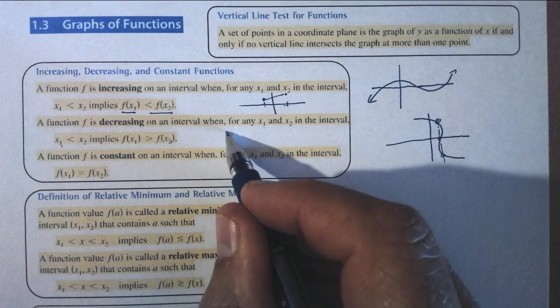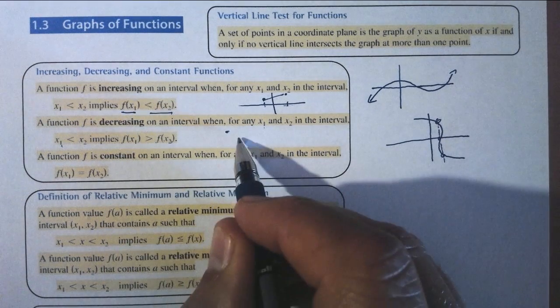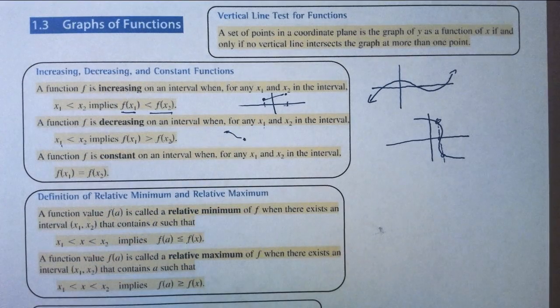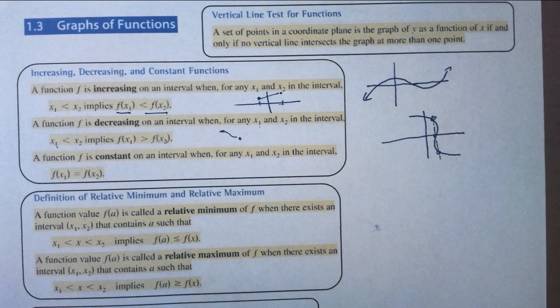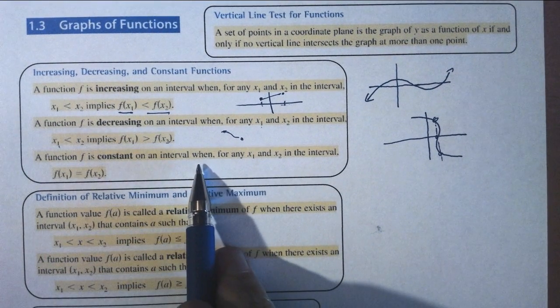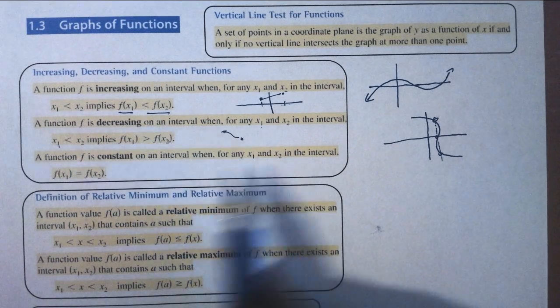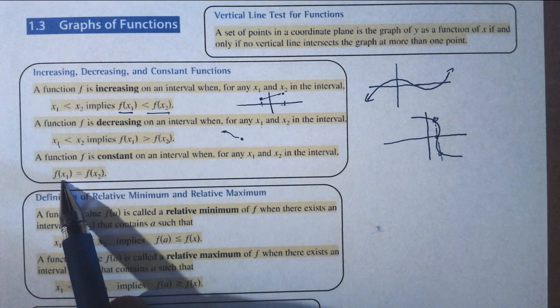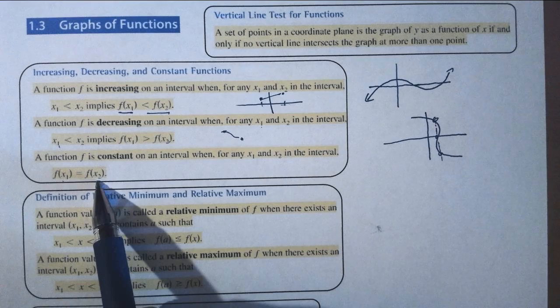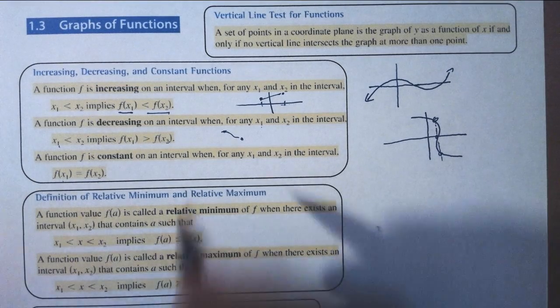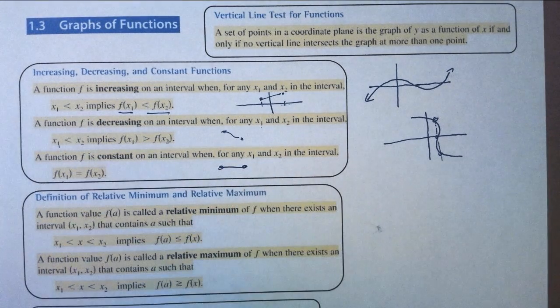So if the point to the left is higher than the point to the right, the function must be decreasing. And a function is constant on the interval if the height at the first point is equal to the height at the next point. Oh, well, that makes sense. It's constant. We have a constant height.